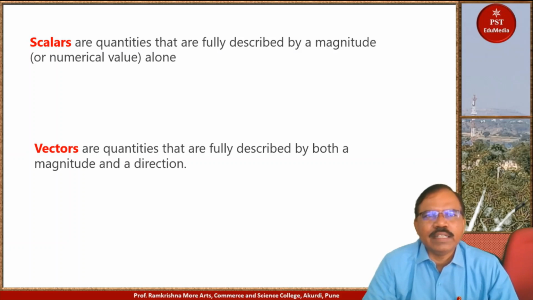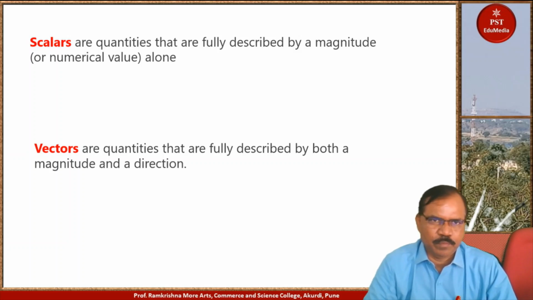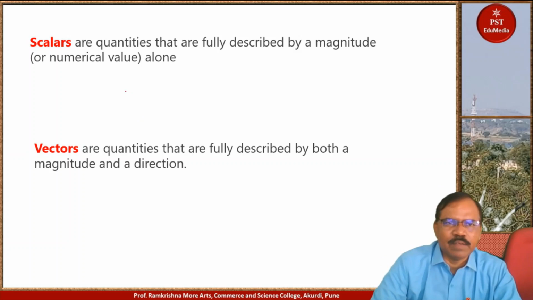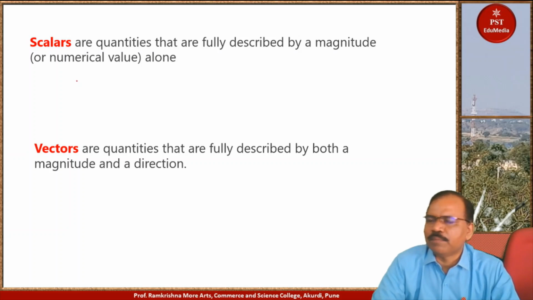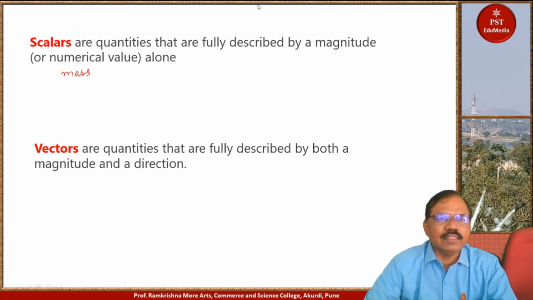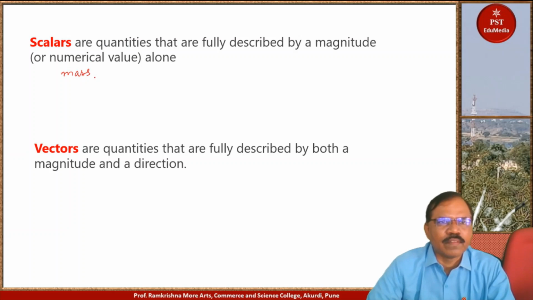Scalars are quantities that are fully described by a magnitude or numerical value alone. That physical quantity is called a scalar. And we know a number of examples. For example, mass is a scalar quantity.